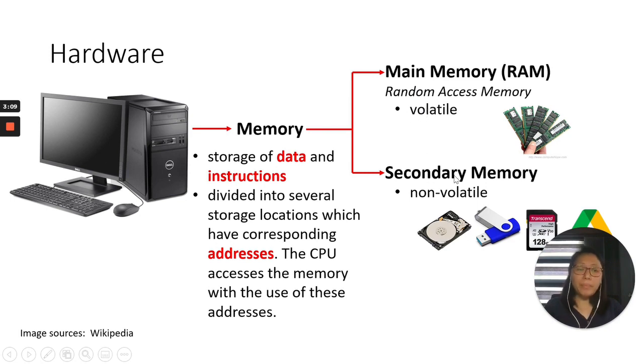While the secondary memory is non-volatile. So examples of this are the hard disk and USB drive, memory card, and of course cloud storage such as Google Drive and Dropbox. So the secondary memory, even if we turn off the computer, our data stored in this secondary memory will be available the next time we turn on our computer.